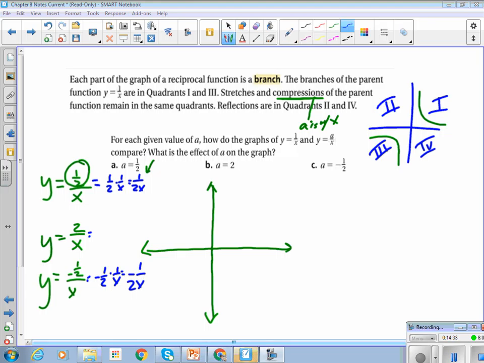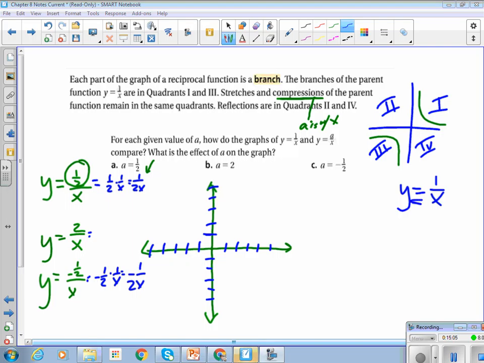Normally if I plug into my parent function x equals 1, I would have 1 divided by 1, which is 1.